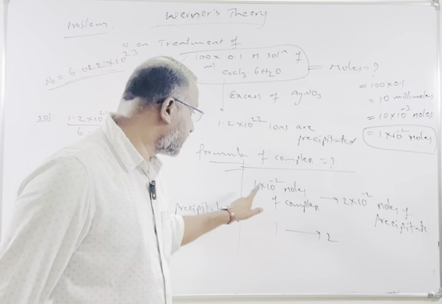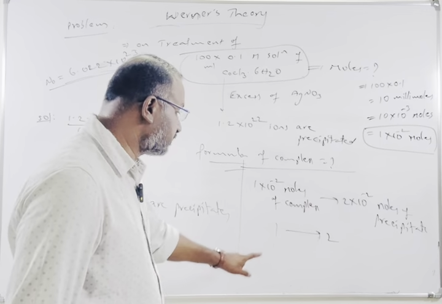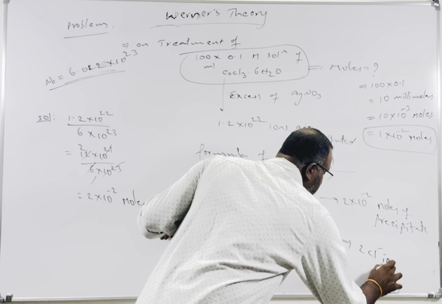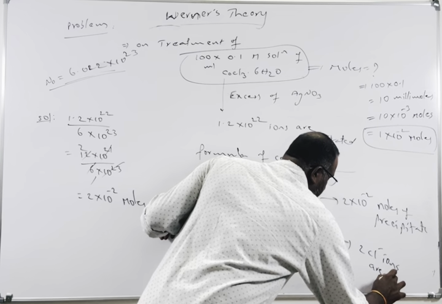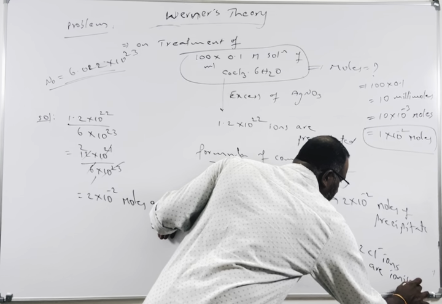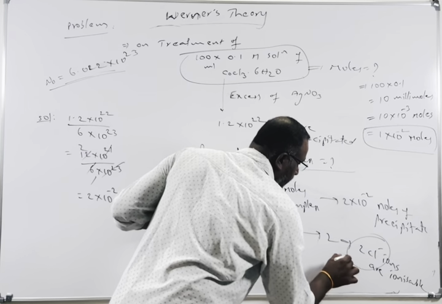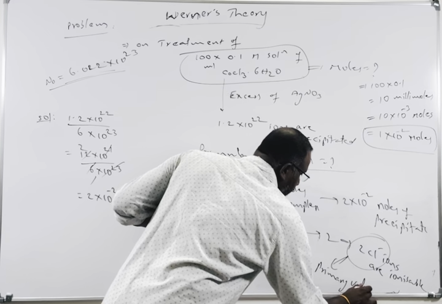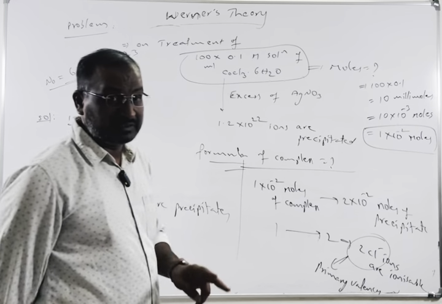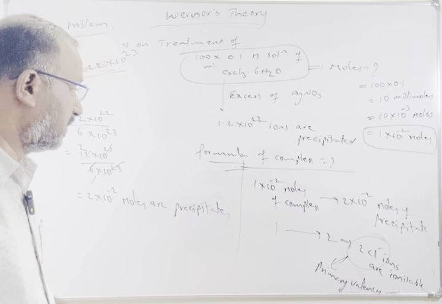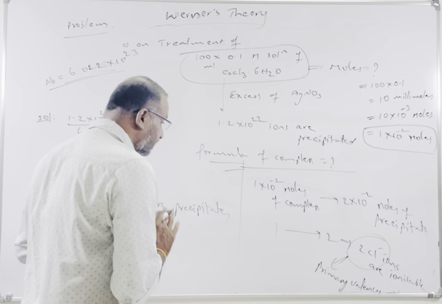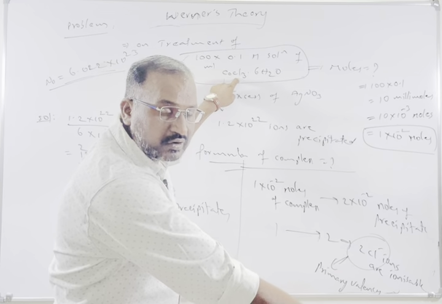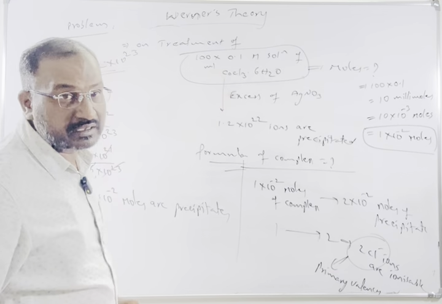So 2 chloride ions are ionizable, meaning these 2 chloride ions are present in the primary valency. So if I write the formula, of the 3 Cl, 2 chlorides we have to write outside the coordination sphere, and 1 chlorine we have to write inside the coordination sphere.